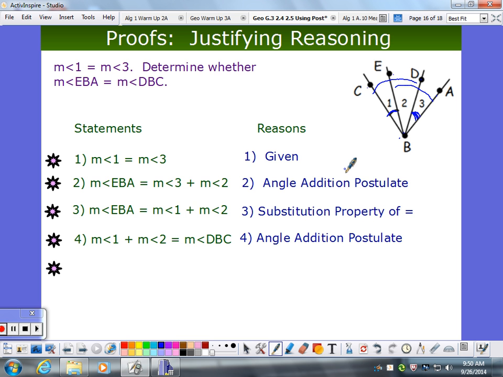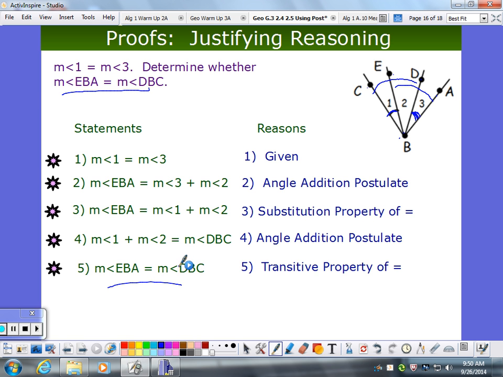Let's see, where are we going from here? We're getting to our conclusion, right? This is our conclusion. I got there. How'd I get there? What happened? You see it? Joseph, what happened here? Isn't that the transitive property?